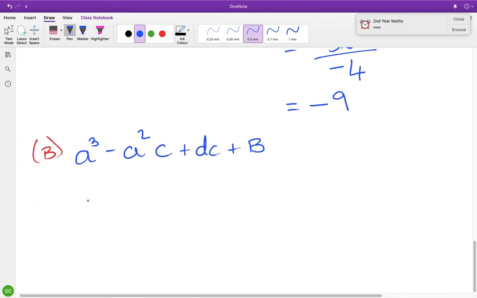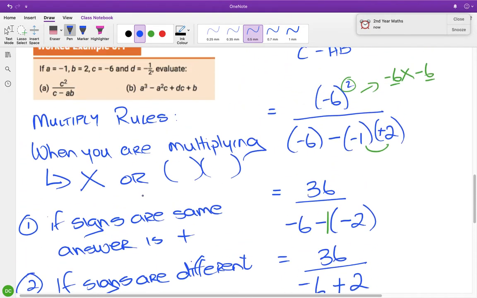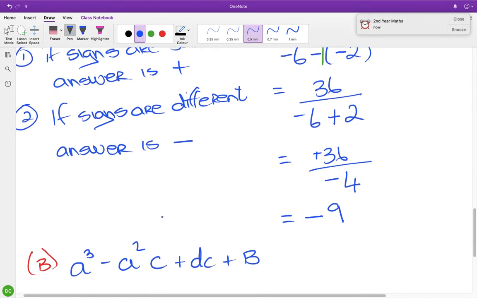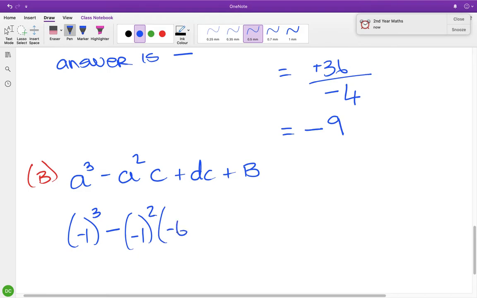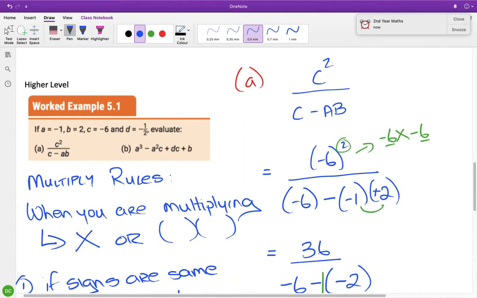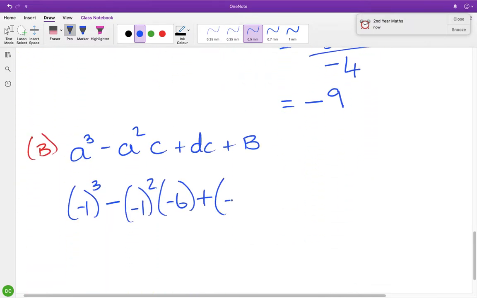A is minus 1. So that's minus 1 cubed. This minus, then this is minus 1 squared. C is minus 6. Then this plus. D was a fraction, wasn't it? Yeah, minus a half. A negative fraction, even better.